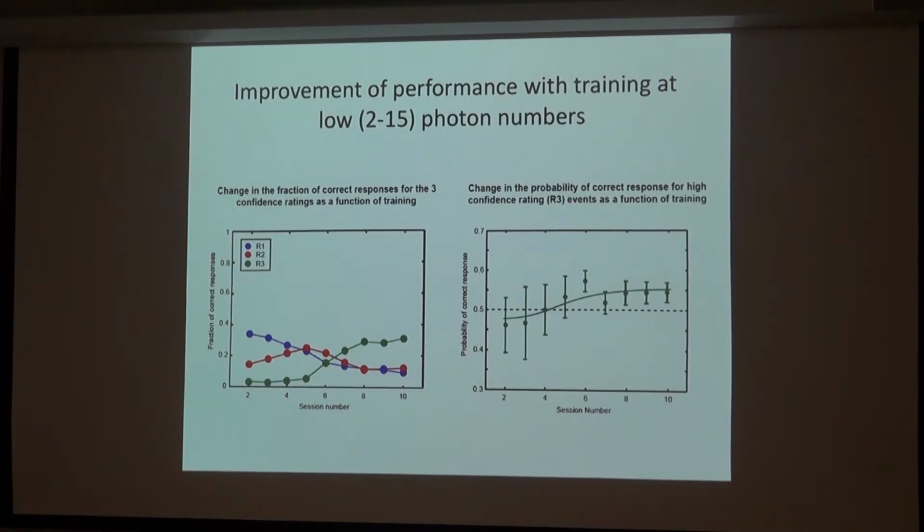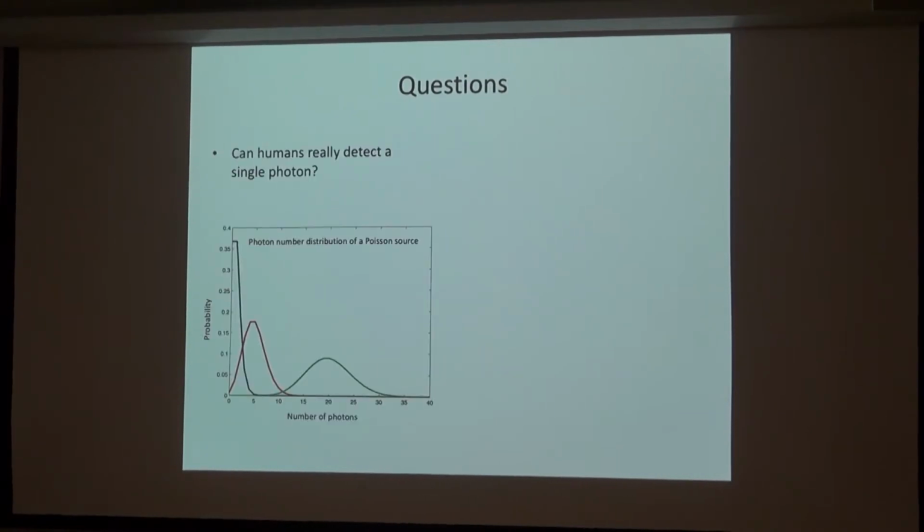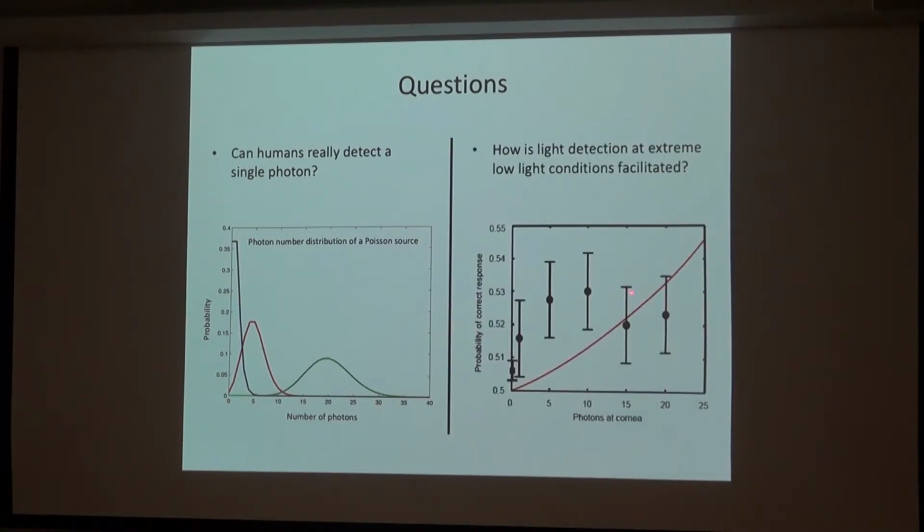Coming from a background in quantum optics, we thought one way we could answer this question would be eliminating the uncertainty in the photon numbers. So we wanted to use a spontaneous parametric down conversion source to create single photon cases.